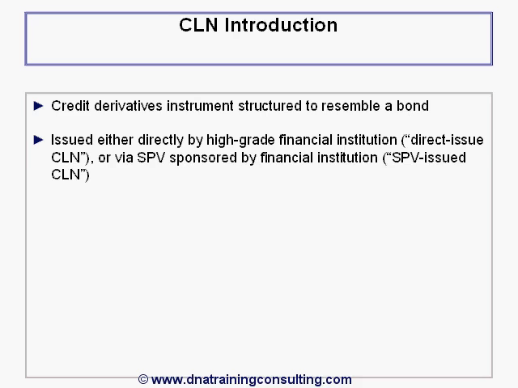We will refer to the first format as a direct issue CLN and to the second one as an SPV issued CLN. Pros and cons of each will be discussed in detail.